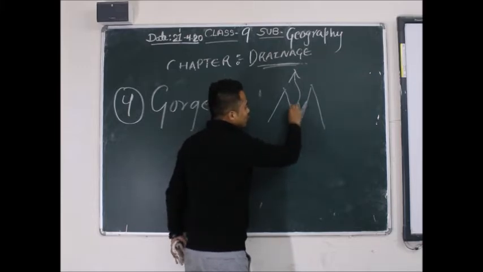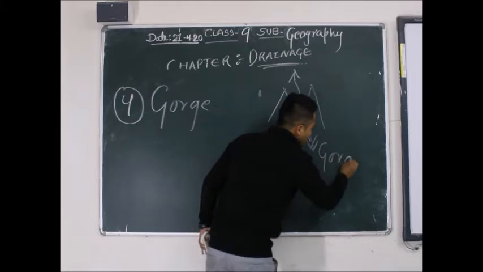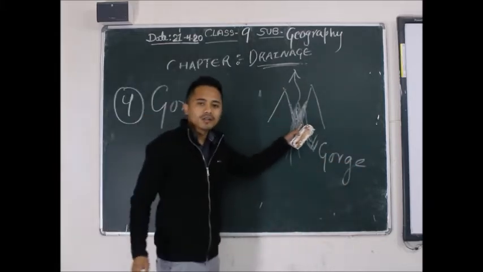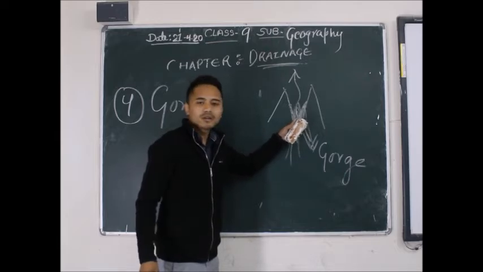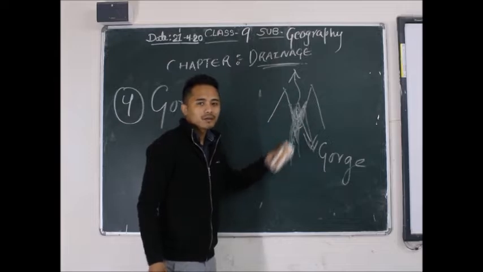It cuts down these mountains and creates a deep valley. This deep valley is considered to be a gorge. I hope you understood. This occurs due to the erosion of rocks, due to the speed of the river.